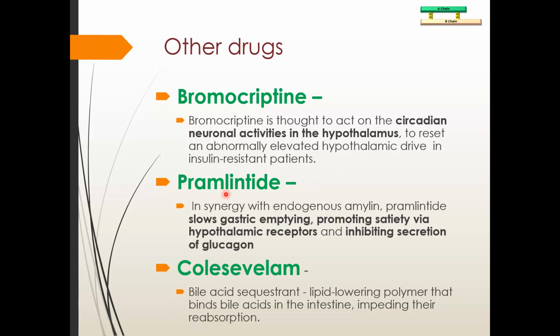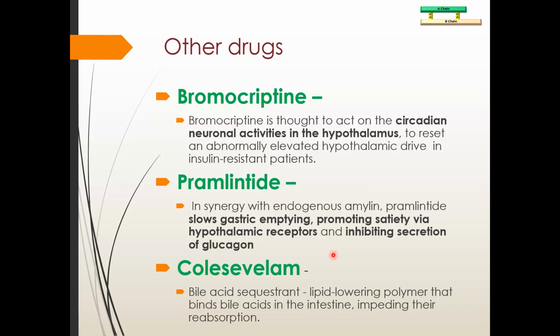Pramlintide is very important. It is an analog of amylin. Amylin is also a peptide synthesized by beta cells and released along with insulin. The function of amylin is to work on the hypothalamic receptor to decrease gastric emptying and to promote satiety.